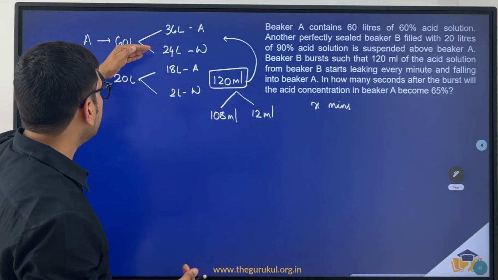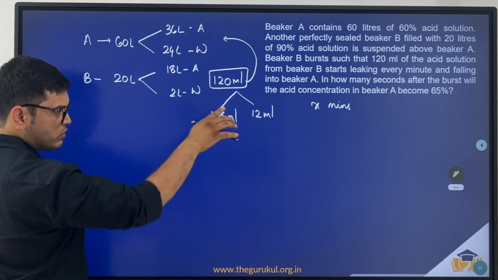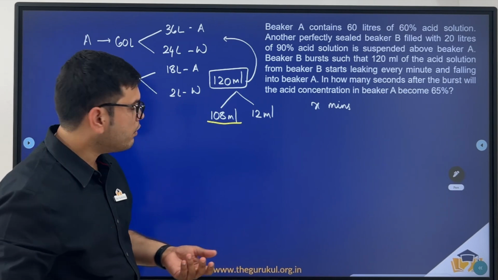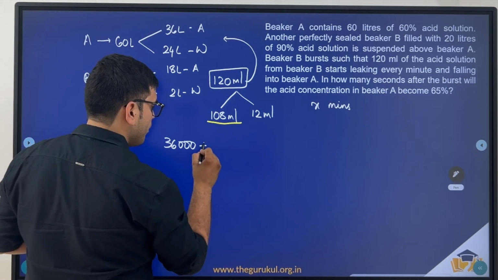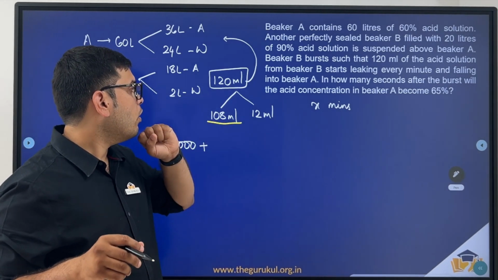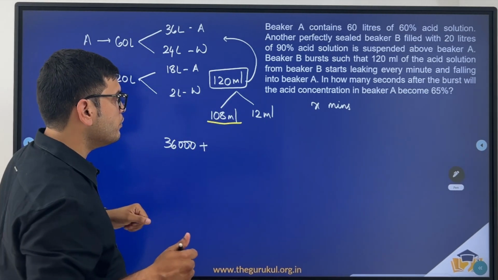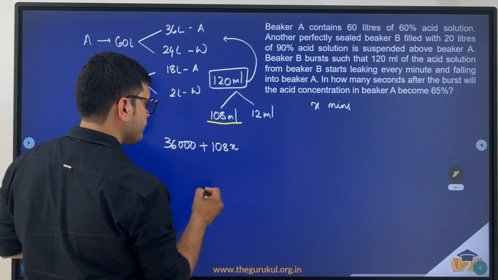Right. So what is the initial quantity of acid in beaker A? 36 liters. Now since we are considering this in ml, let me consider 36 liters in ml as well. So 36,000 ml, plus every minute we have 108 ml of acid leaking into beaker A. So after x minutes, that would be 108x.